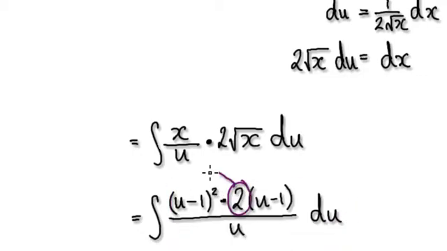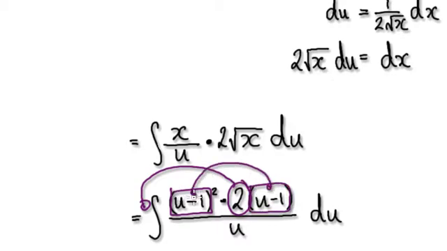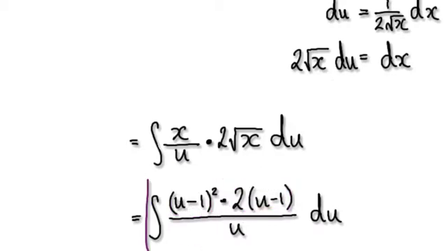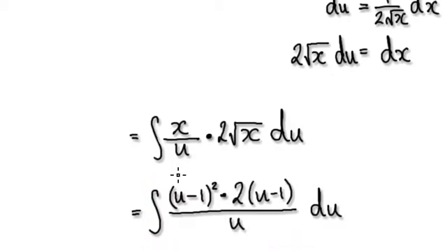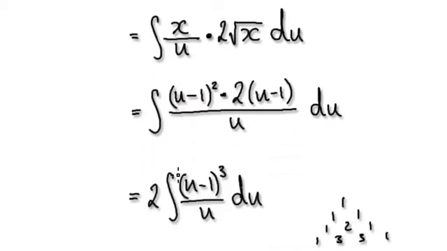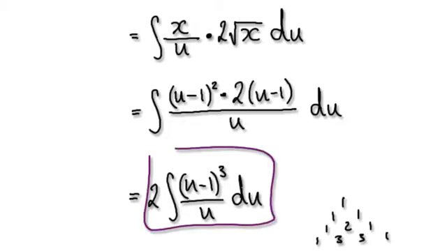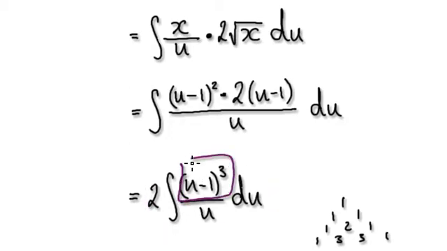Now this here is a constant, so take it out. And then this is exactly the same as this, so we can merge these two together. So this whole thing here will then become this. Okay, so now we need to multiply this out.